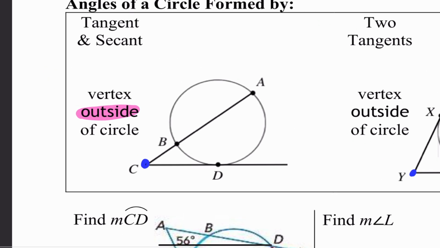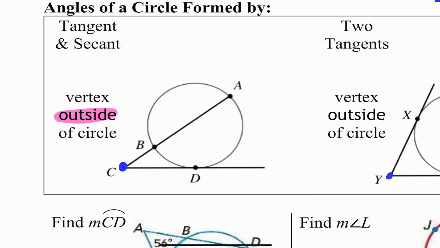Okay? So if I'm looking at this example still, again, the vertex is outside of the circle. So if I write, let's call this angle 1 over here, right? So the measure of angle 1 is equal to the big arc.